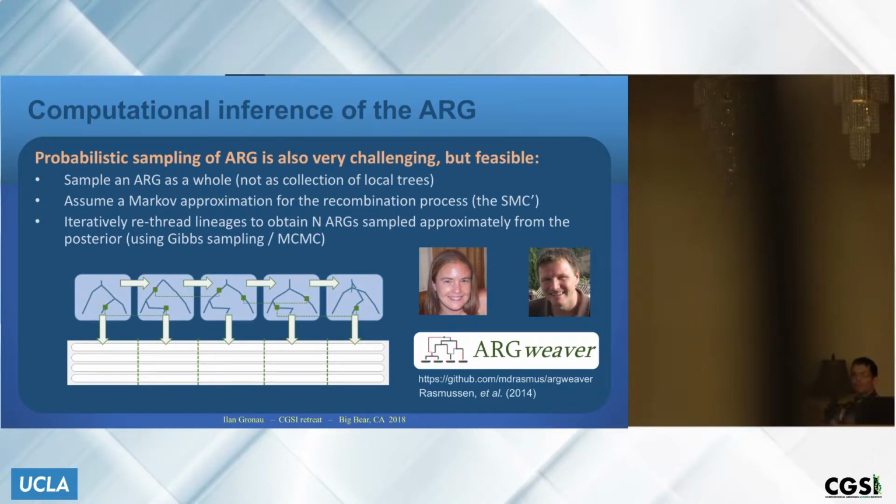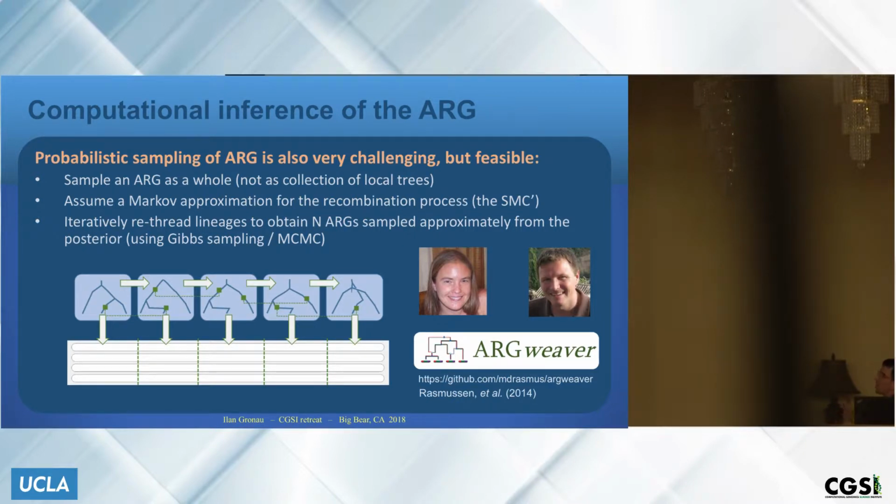So the way they address the main challenges that we saw in the previous slide is, first, that you don't reconstruct the ARG segment by segment, but you sample it jointly for a very long region, 20 megabases. You just sample an ARG for that entire segment. Another thing is that the correlation between these trees is modeled using a Markov model that allows you to use a lot of hidden Markov models in this sampling.